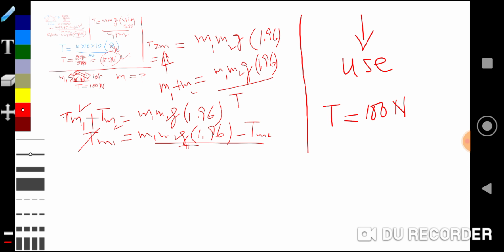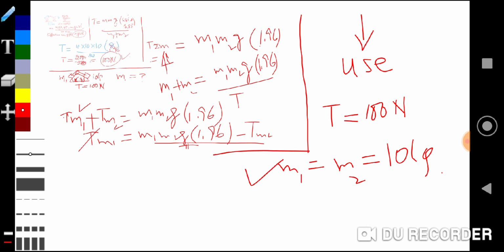If tension is given to you as 100 Newton and both angles are given to you, then you have to suppose at the very first that both of the masses are equal. Assuming that M1 is equal to M2, and M2 was given to you as 10 kilogram, you have to calculate this and check what the value of the tension is.